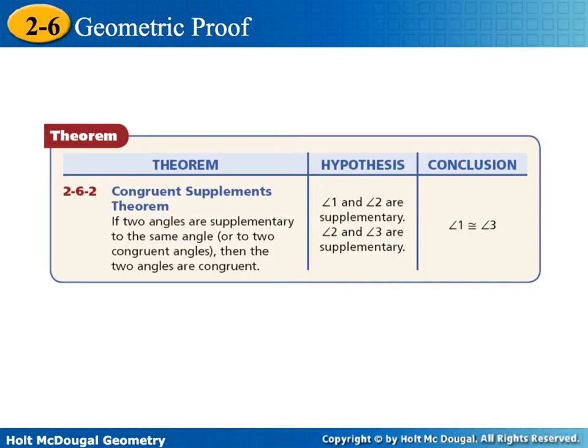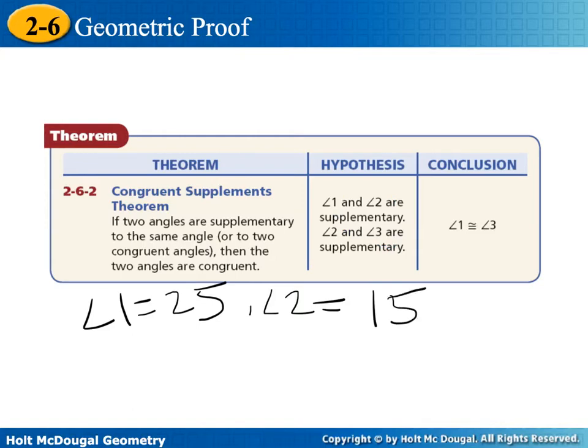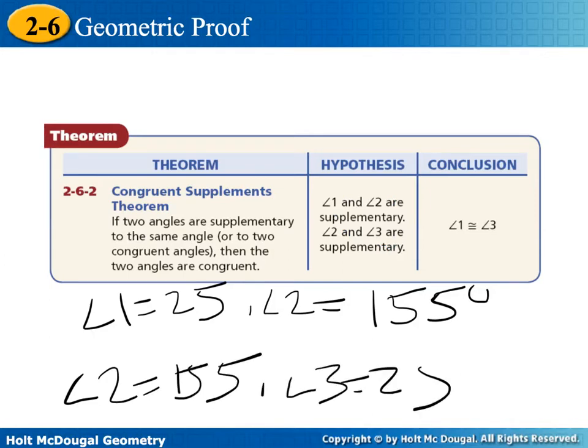So this is saying if angle 1 equals 25 and angle 2 equals 155, those are supplementary. If angle 2 still equals 155 and angle 3 equals 25, it's kind of like you cross these out. So if angle 2 is supplementary to both of these, then you know that those are equal.